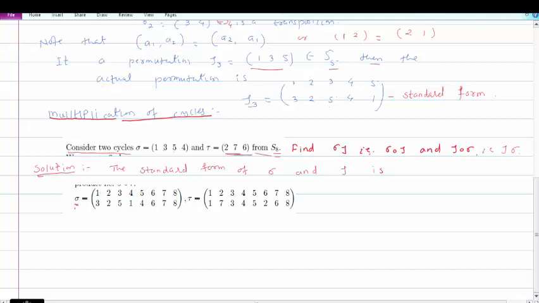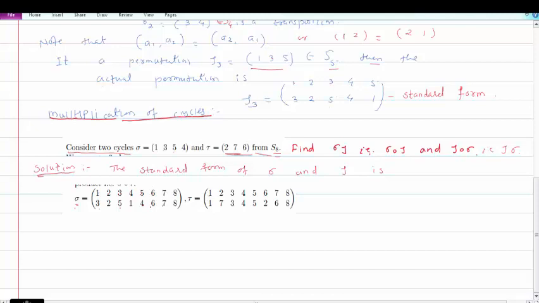See here, this belongs to S8, so we have to take 8 symbols and their images: 1, 2, 3, 4, 5, 6, 7, 8. Given here 1 goes to 3, so the image of 1 is 3 under σ. Then 3 goes to 5, 5 goes to 4, and lastly 4 goes to 1. 2 is not involved here, so 2 is left fixed by σ, means 2 goes to 2, 6 goes to 6, 7 goes to 7 and 8 goes to 8.